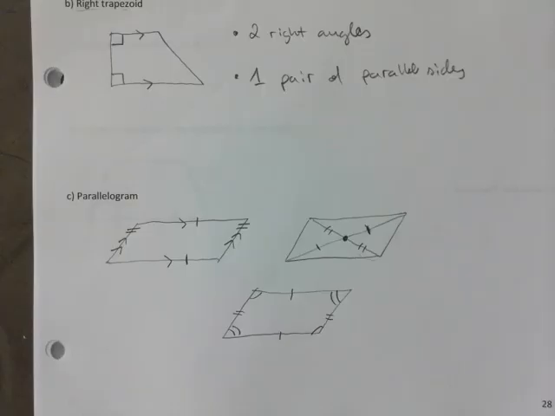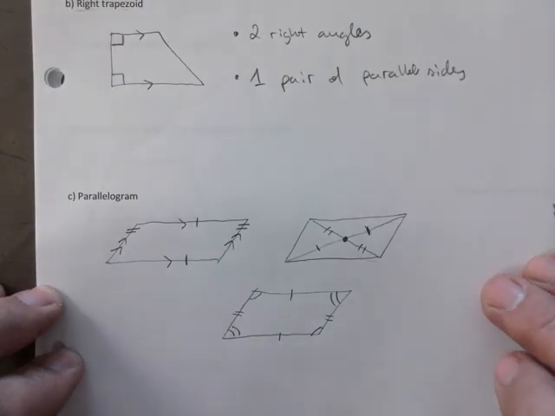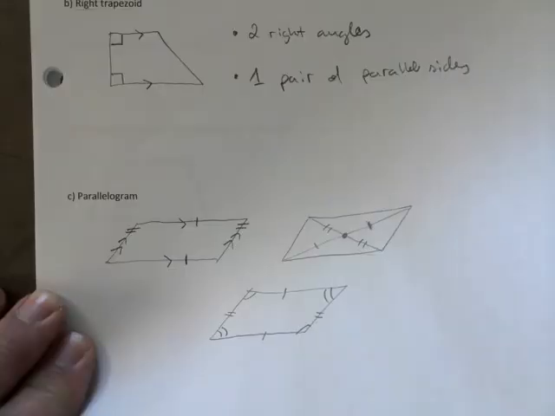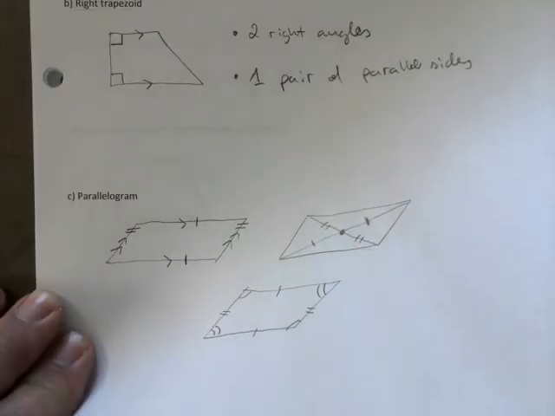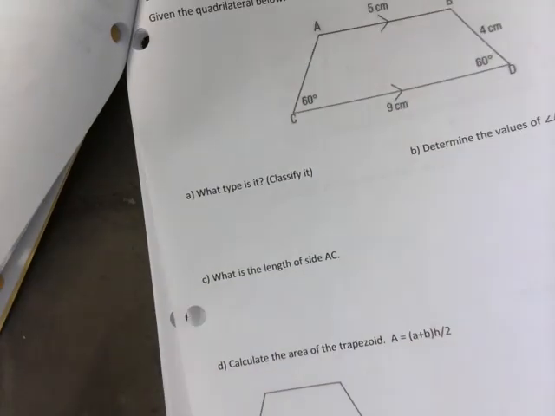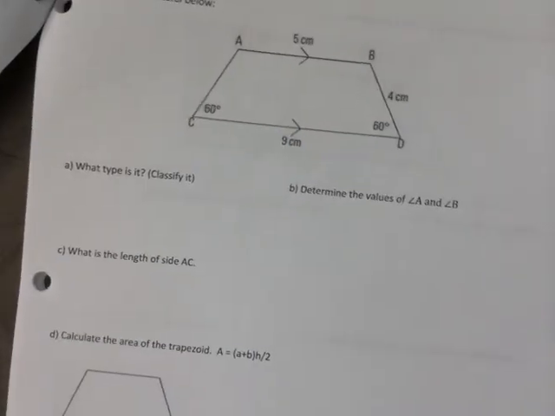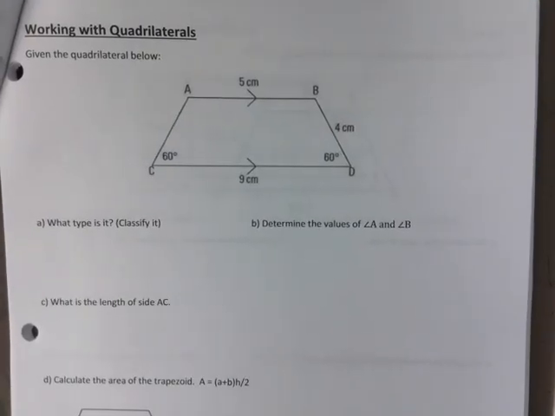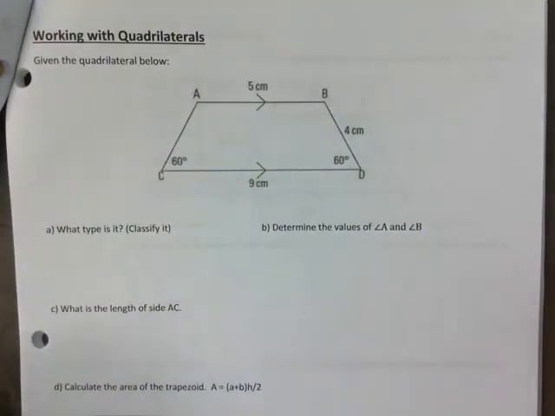So if you did 29, okay, you can do that. All right. Let's keep going. I'm going to ask you to try 30.